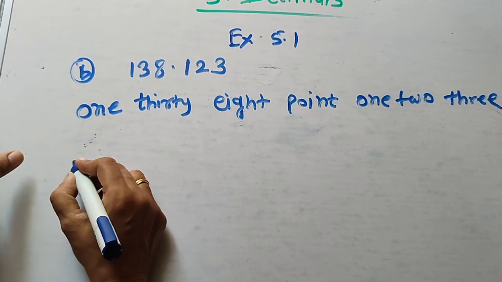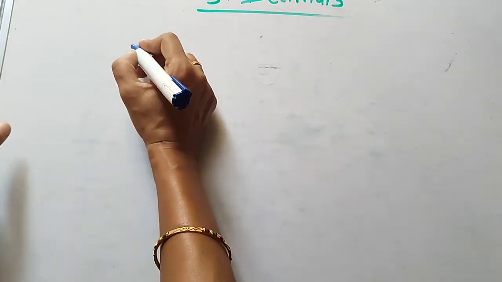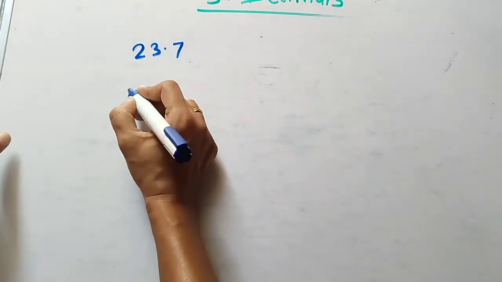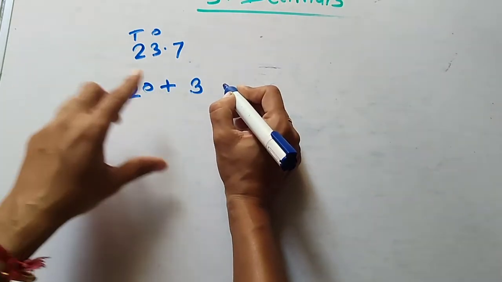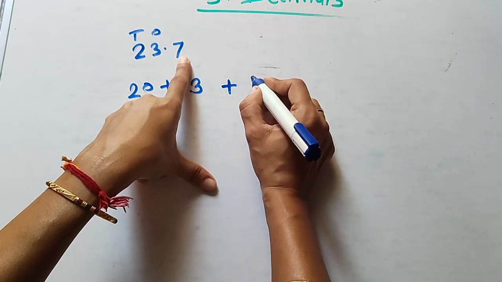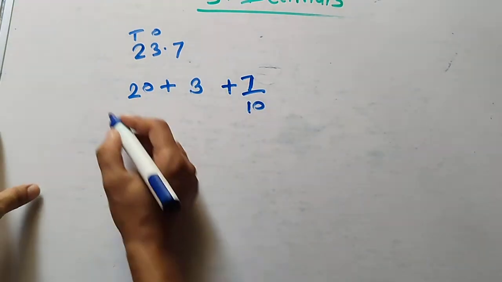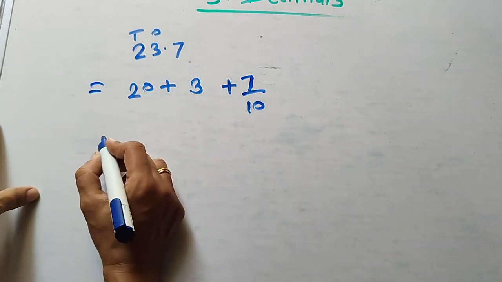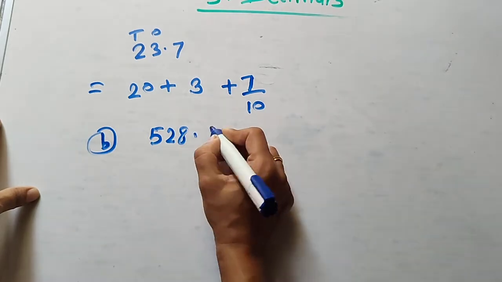Then question number 2, write in expanded form. So how to write the number in expanded form? So 27.3. Now you have to write this ones place, tens place. 20 plus 7, this is ones place we write, plus this is 10th place. So first place कौन से की 10, तो 3/10. Okay, then suppose second number is 528.13.